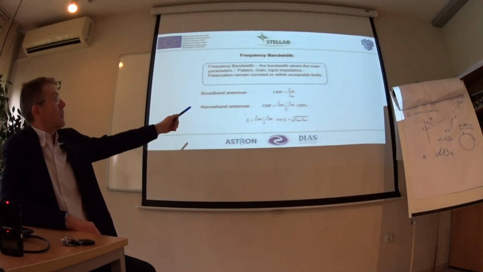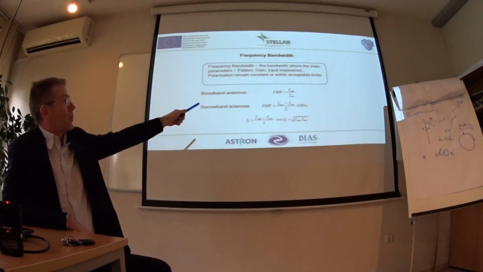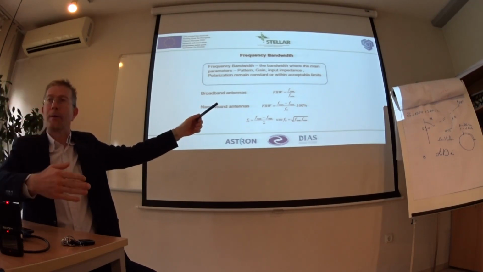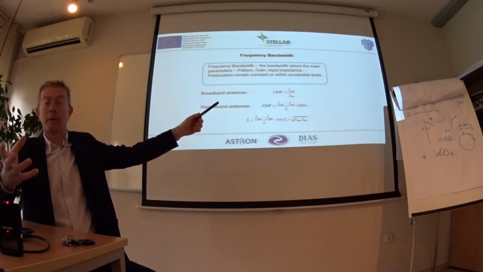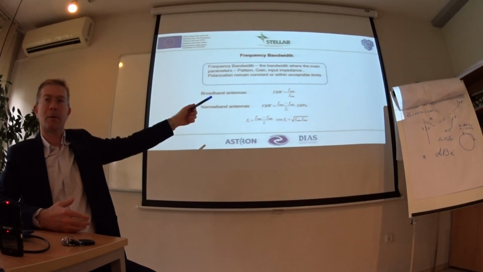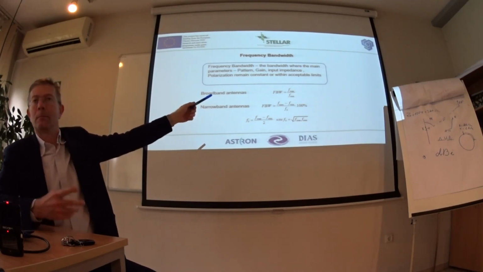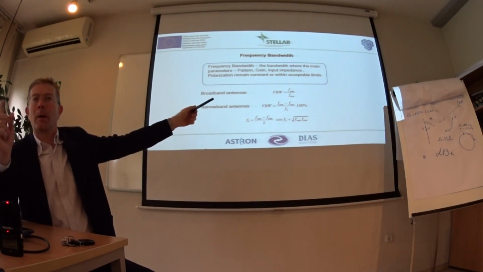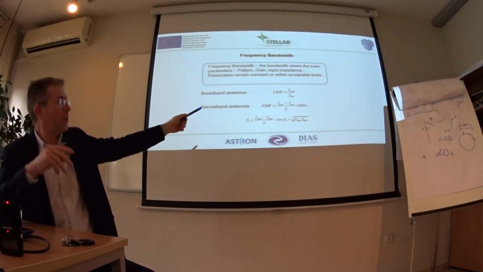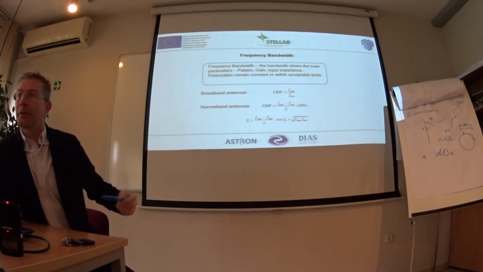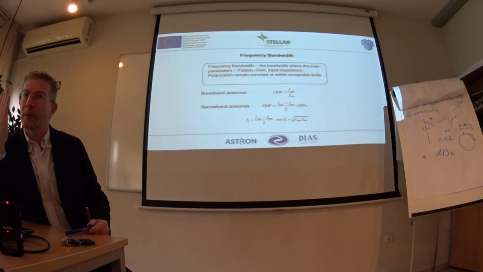Second, for broadband antennas, let's say from 1 to 6 gigahertz, like ultra wideband antennas, the frequency bandwidth is taken as a fraction, like 6 to 1, 5 to 1. Say the antenna is pretty broadband. If the antenna is narrowband, the bandwidth is given as a percentage of central frequency.